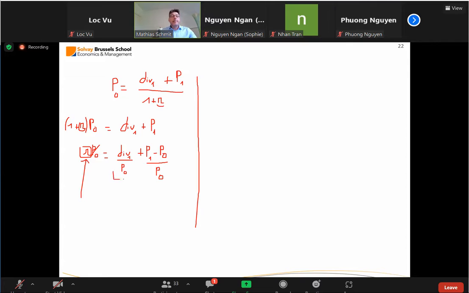The first one is the dividend yield, and the second is the capital gain if the price has increased in 1 in comparison to 0, or the capital loss. I can have gains or losses on my capital.